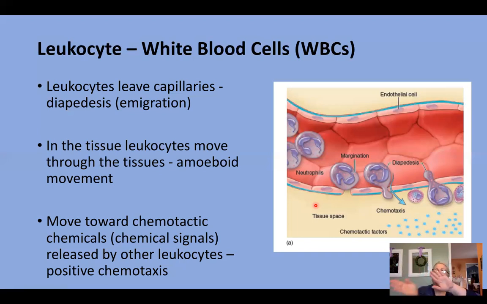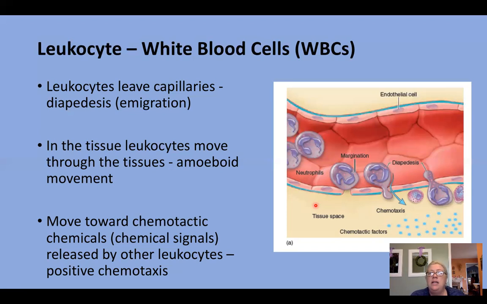So they kind of squish and roll their way around in this amoeboid movement. They aren't moving just haphazardly though. They move towards what are referred to as chemotactic chemicals, or chemical signals that other cells have released.